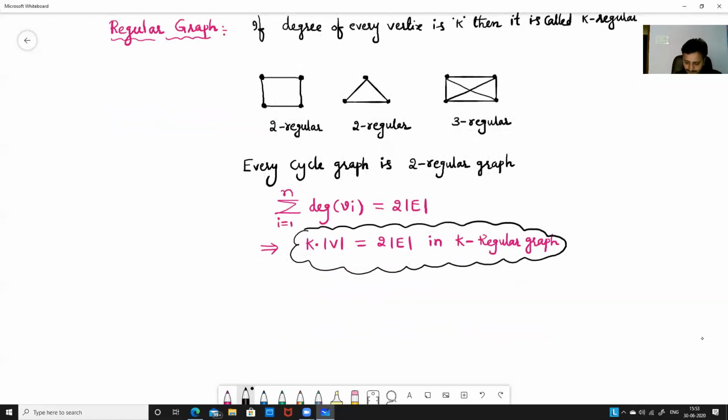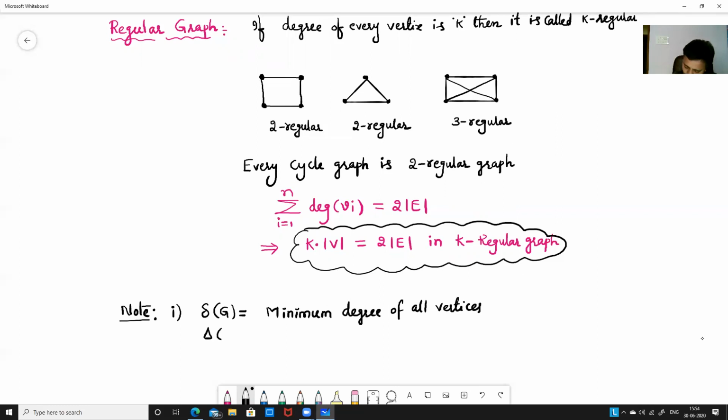Next, here I want to introduce some important basic key points. The first one is small delta of G, generally called the minimum degree of all vertices.